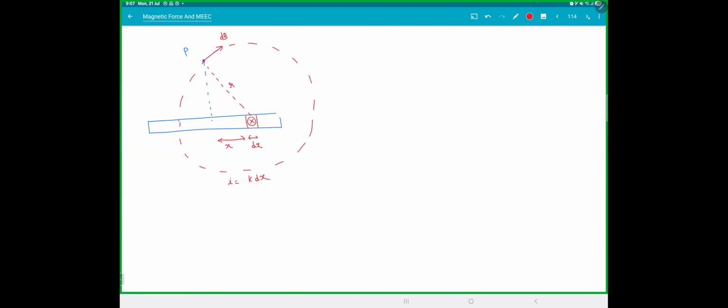That's your dB. Similarly, if I take one more piece on the other side symmetrically, this also you will notice will be something like this. This comes out like this. You can clearly notice here theta and theta. This will be theta. That would be 90 minus theta and 90 minus theta.